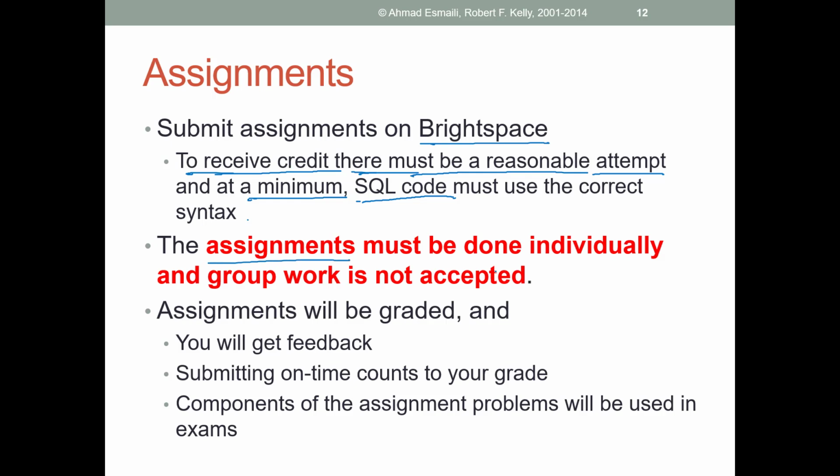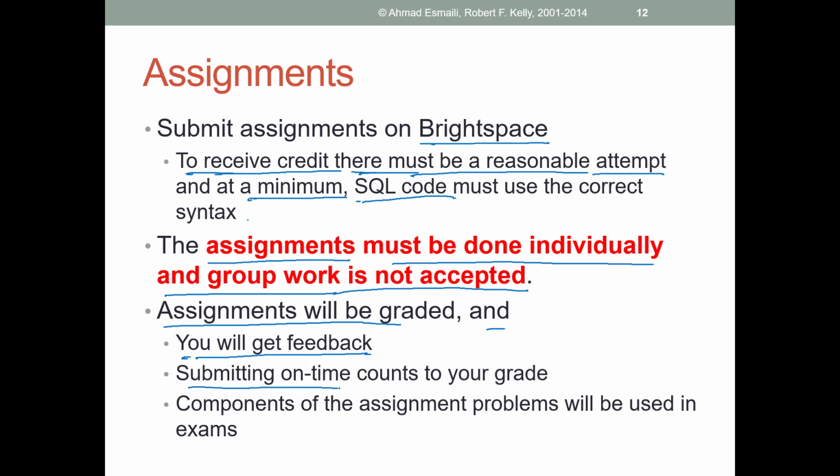Assignments must be done by you only. It is to be done individually. For assignments, group work is not acceptable. Group work is acceptable only for the project, so you need to understand this. Assignments will be graded, and you will get feedback on why you lost a point if you lose some points.